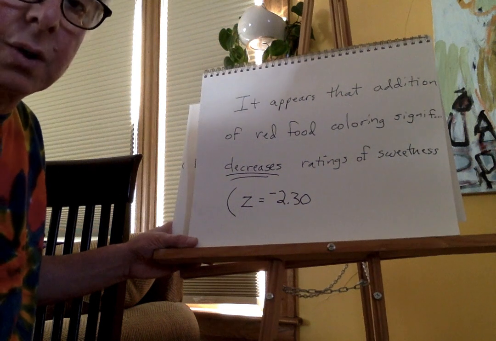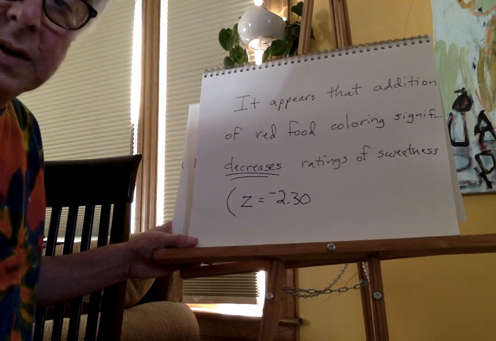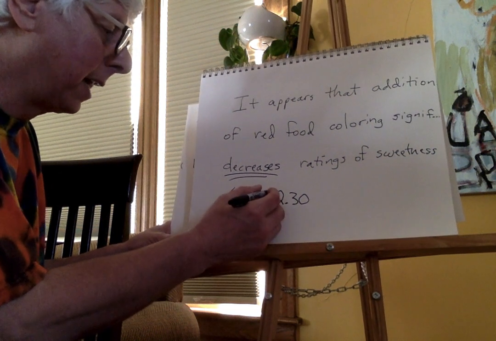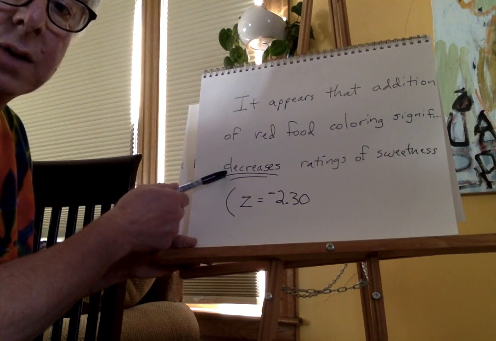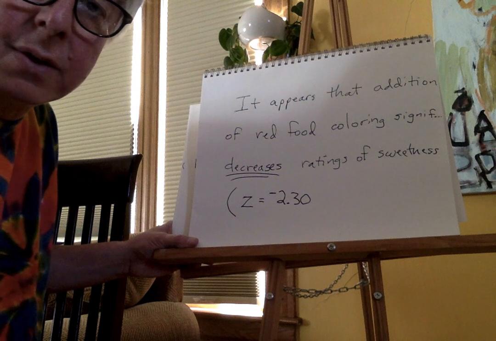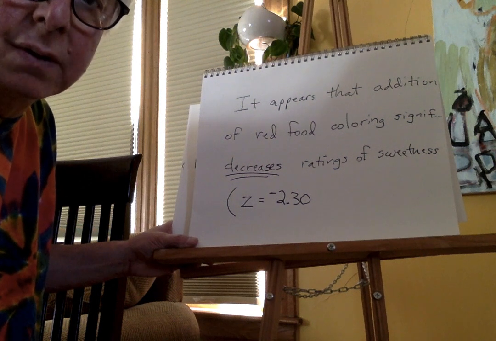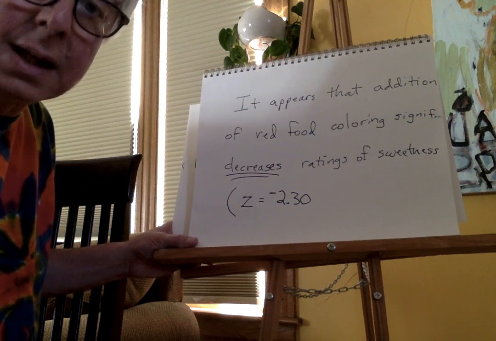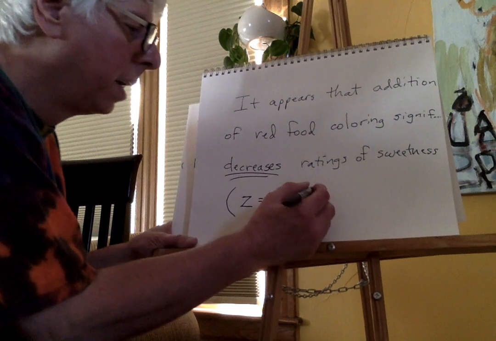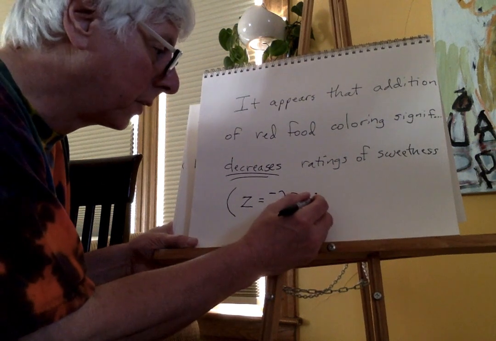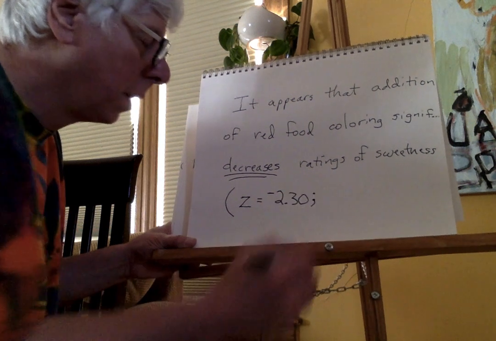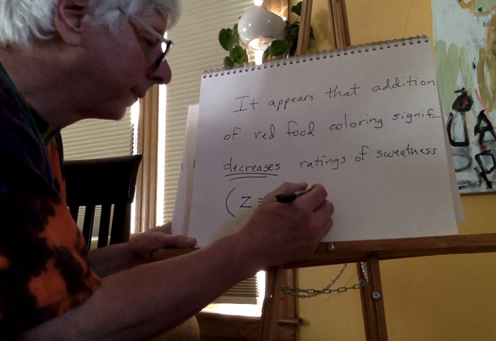I had a z-score of 2.30, and in fact, it was a negative 2.30. That's why I'm saying it decreased. Of course, I just looked at the average for the group. It's 70.25. The average for clear is 80. Okay? Then, and I'm going to ask you to do this on the exam. Of course, this is what we do. Okay? Then a semicolon.